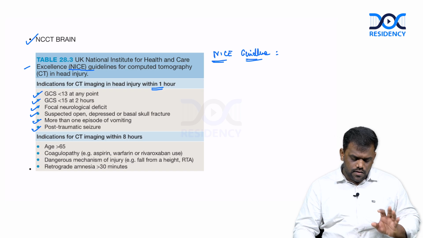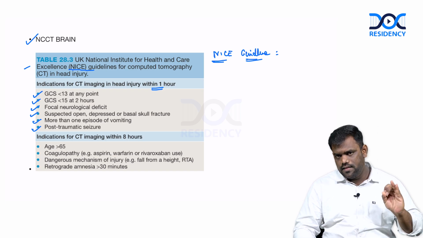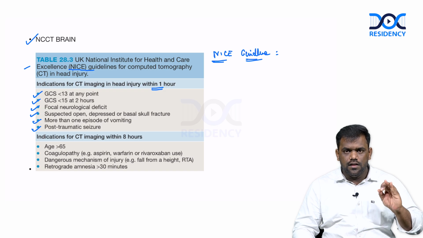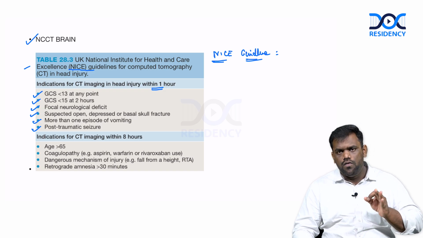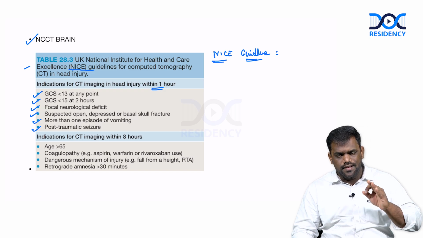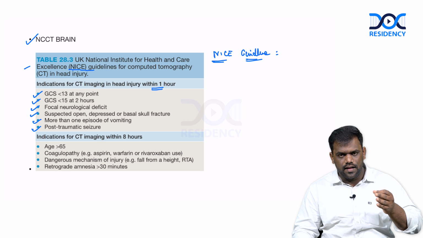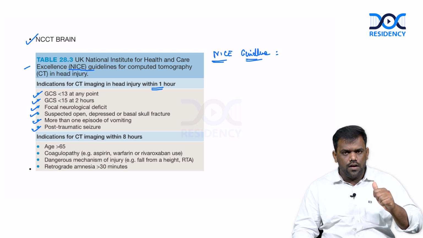So again, GCS less than 13 at any point, and GCS less than 15 at 2 hours of presentation, or focal neurological deficit, suspected skull fractures, either open, depressed or base of the skull, or more than 1 episode of vomiting and post-traumatic seizure.